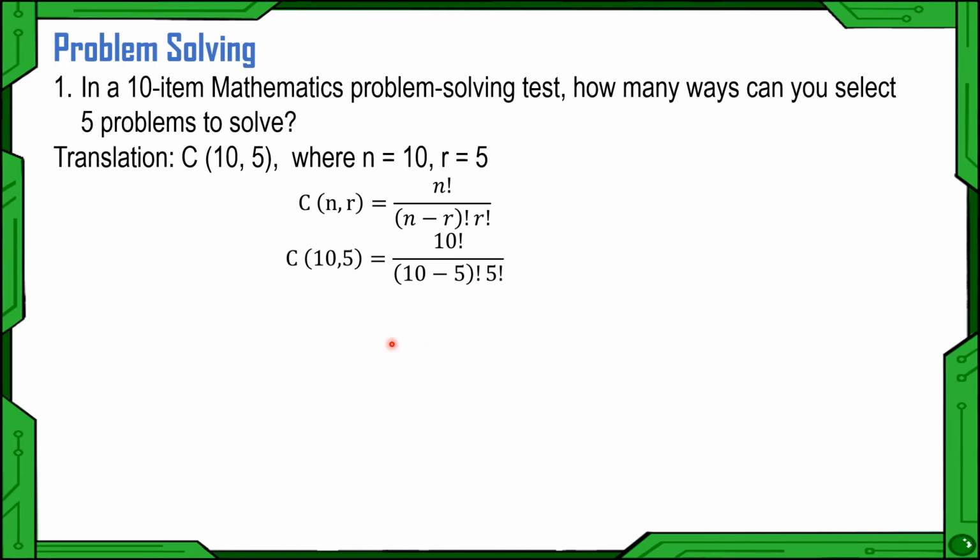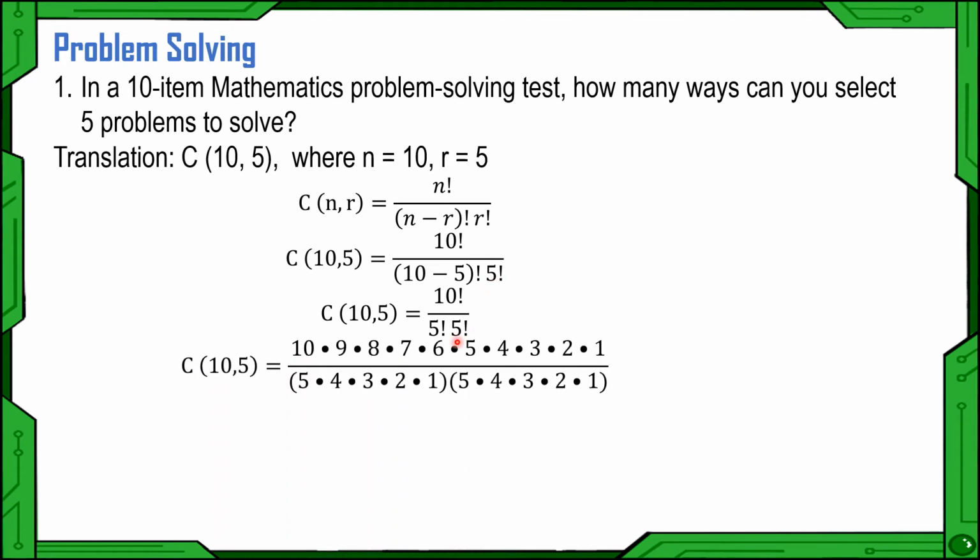The next thing that you will do is find the difference of 10 minus 5. So this is 5 factorial. So we can now have 10 factorial over 5 factorial multiplied by 5 factorial. Simplify: 10 factorial is 10 times 9 times 8 times 7 times 6 times 5 times 4 times 3 times 2 times 1.